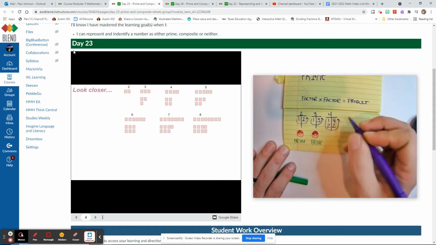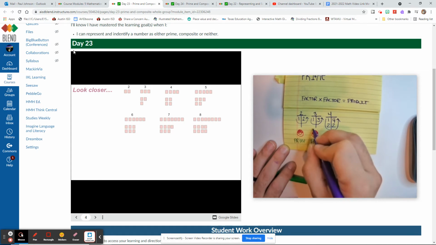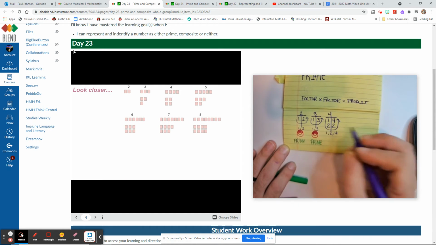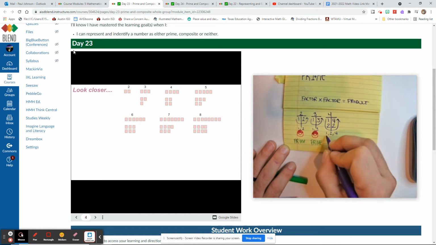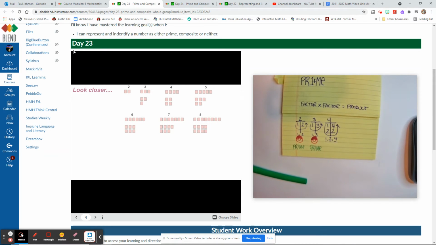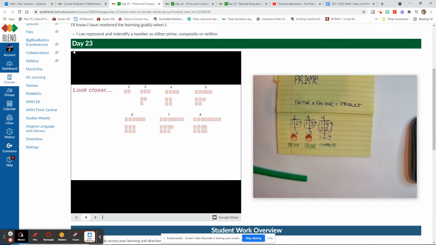So 4 actually has three factors, 1, 2, and 4. 3 only had two factors, 1 and 3. 2 only had two factors, 1 and 2. But 4 has 1, 2, and 4. This is what makes 4 different. 4 is what we call a composite number, because there's more than two factors.